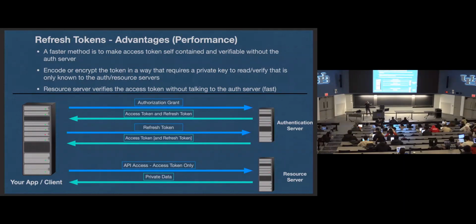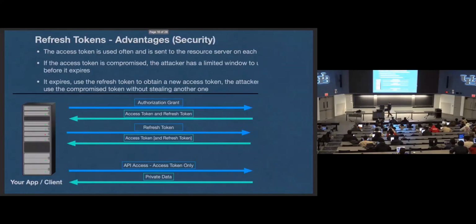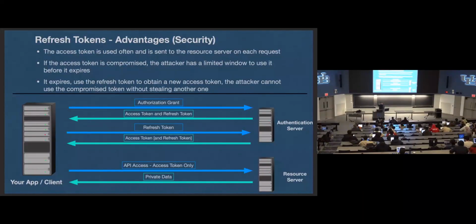This is more of the benefit of refresh tokens, a pretty big performance increase. But we do also get that security increase that we talked about here, that if we can protect the refresh token better than we can protect the access token, which again I'm not too sold on that one.